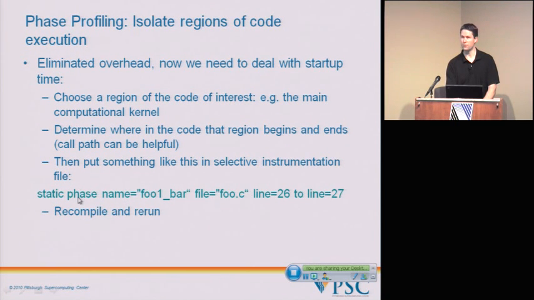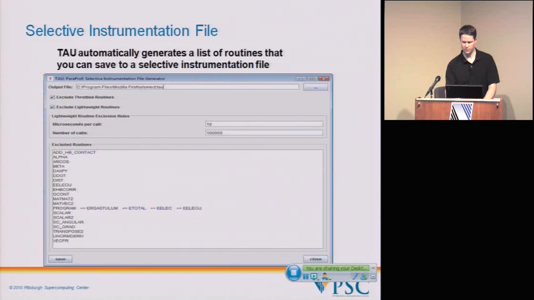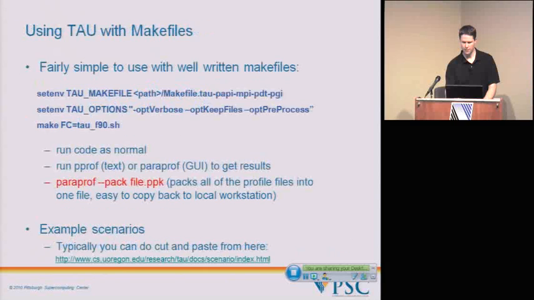To get the phase, you actually have to use a TAU makefile. So it has nothing to do with your makefile, but you need to use one of the pre-configured TAU makefiles, or you have to set the TAU makefile variable to point to one of those TAU makefiles that has phase in the title. So you saw before, there's various designations here, right, for PAPI, MPI, PDT, PGI.